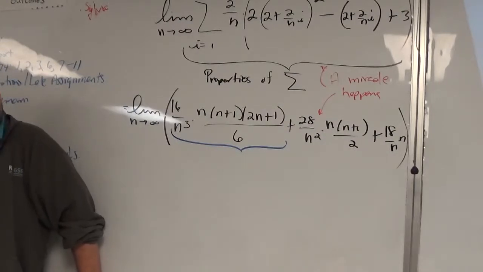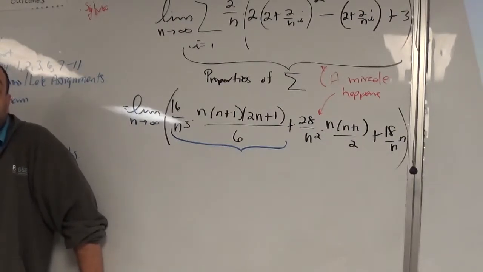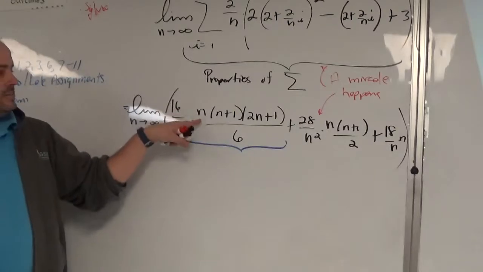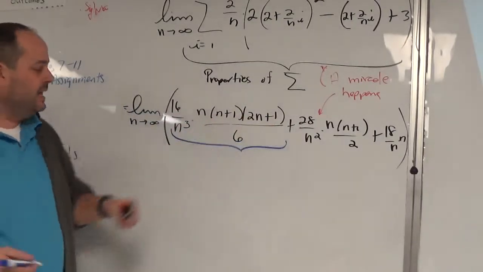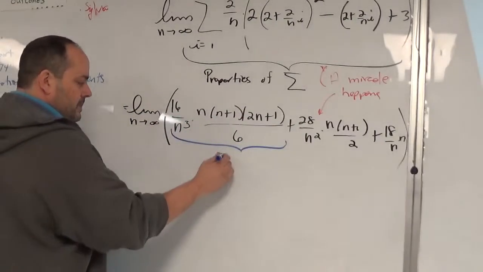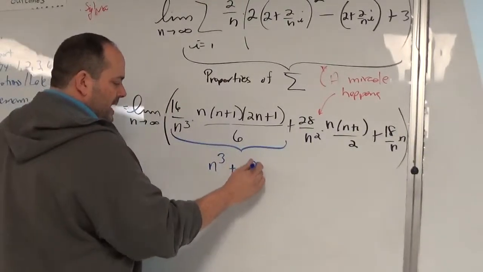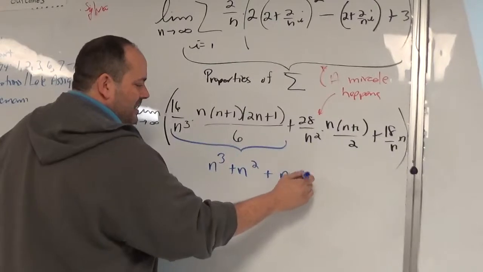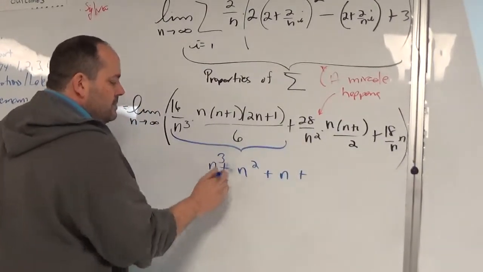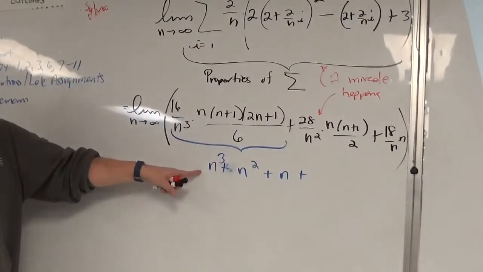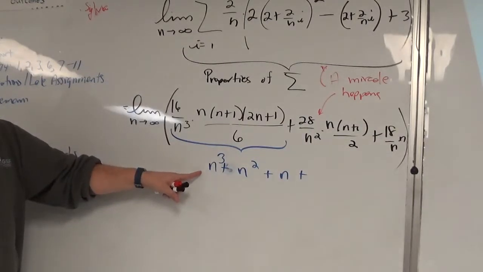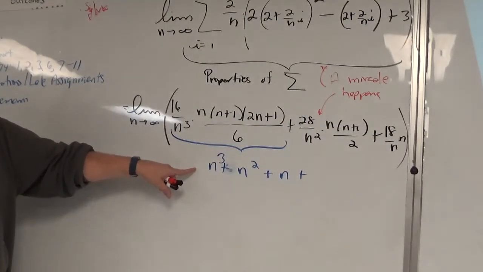Imagine multiplying all those things out. 16 times n plus 1 times 2n plus 1. The degree is 3. There's going to be an n cubed. Now, there's going to be an n squared, maybe. There's going to be an n. There might be a constant. But we're okay that the big one is n cubed?